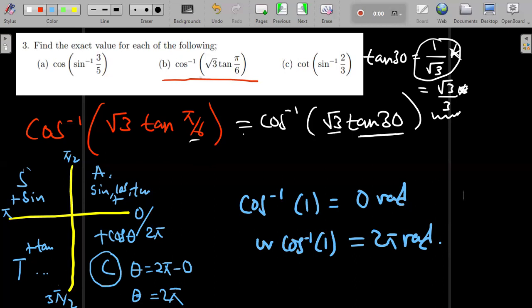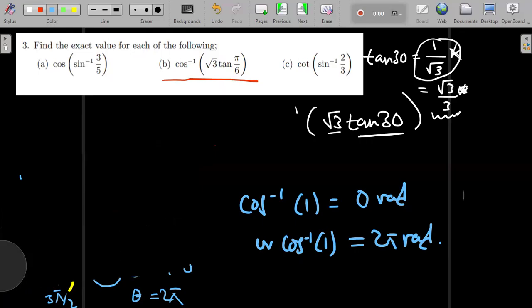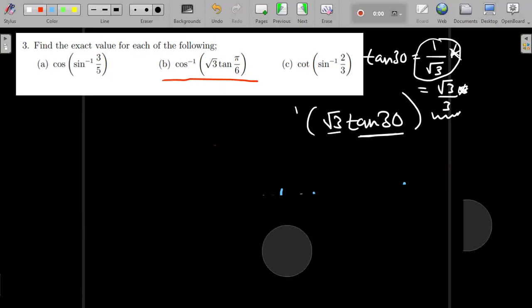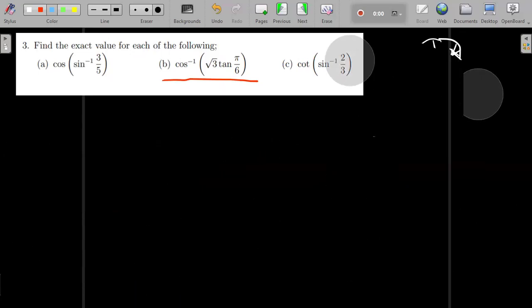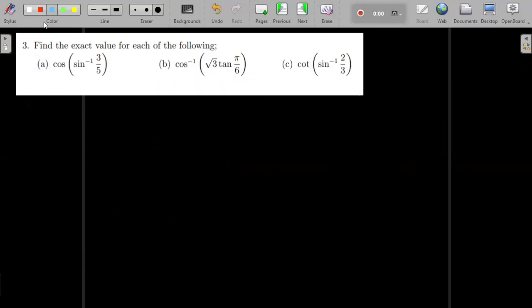All right, no question. Let's go to C then. For C, we have this question here. We have cot, and we know that cot is just 1 over tan.